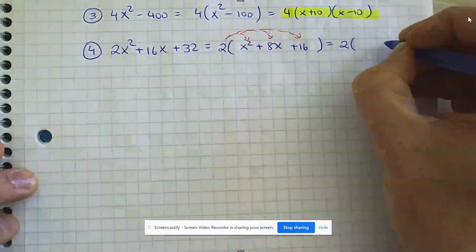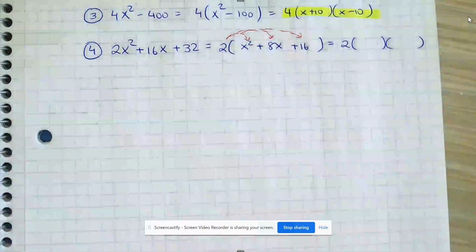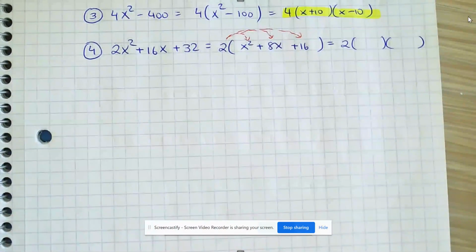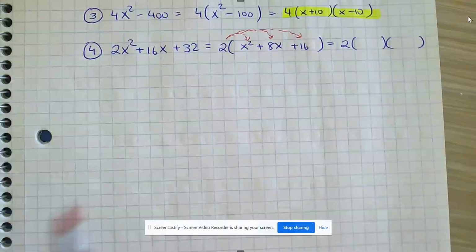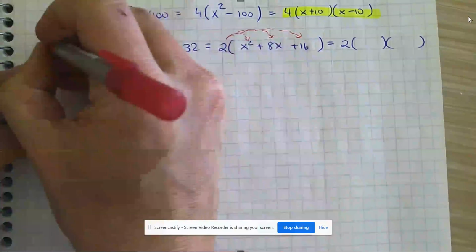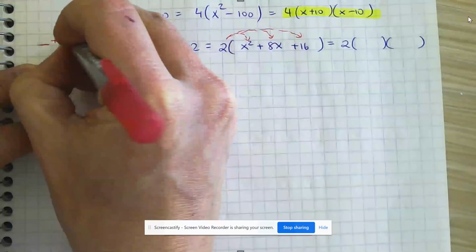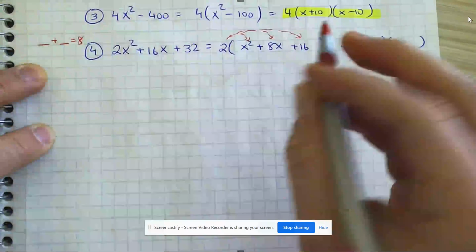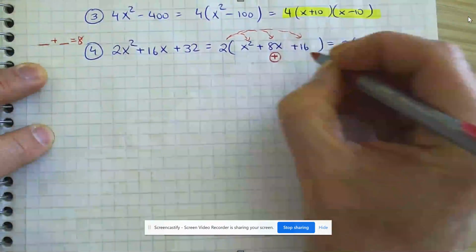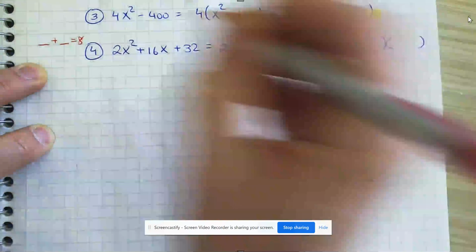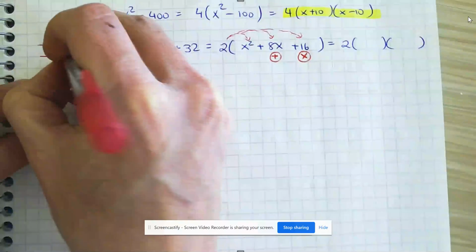Now, because this is a trinomial, instead of a difference of squares, we are looking for 2 numbers that add up to 8. So something plus something that equals 8, because they need to add up to the middle term, always, and multiply to the last term. So something times something is 16.